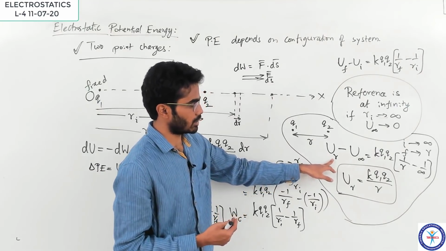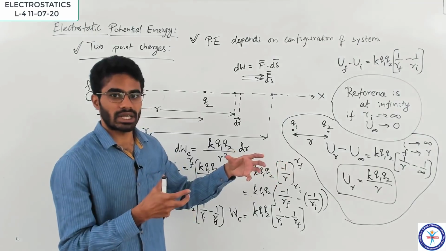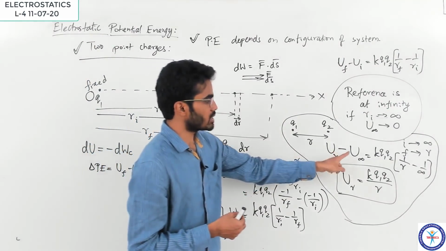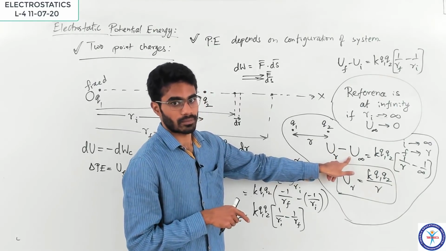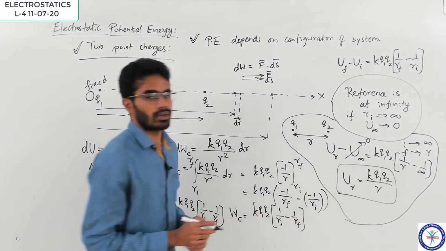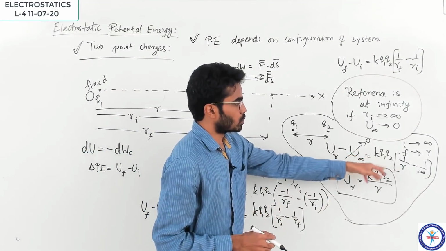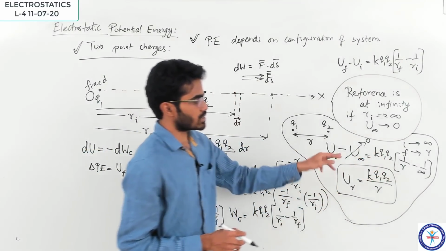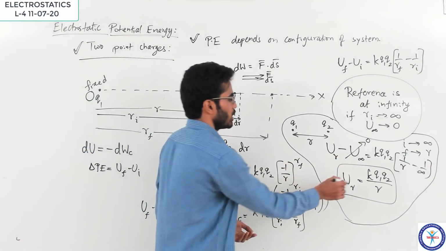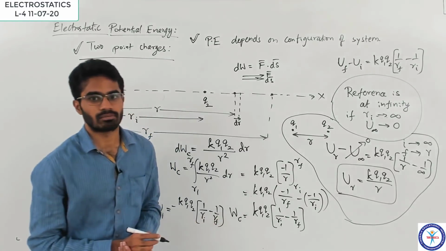The subscript r implies that we are calculating the potential energy when they are separated by r distance. So Ur minus this, which is chosen to be 0, so this becomes 0, and k q1 q2, the final distance is r, initial distance is infinity. So we will be left with k q1 q2 by r.